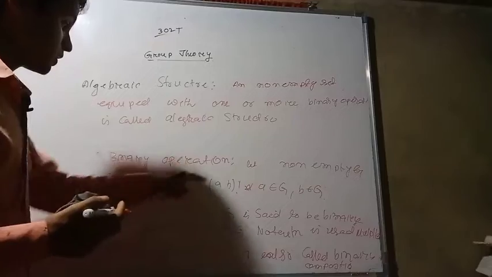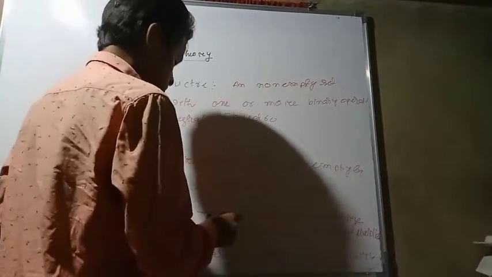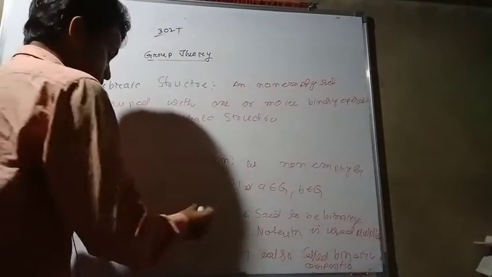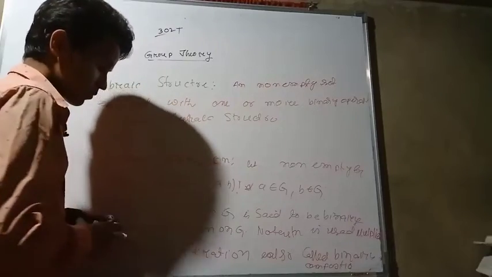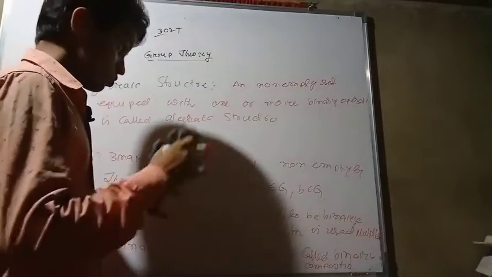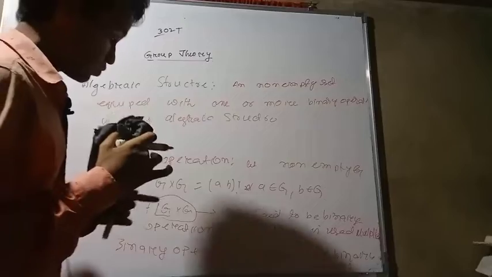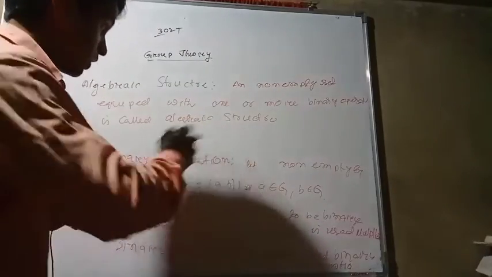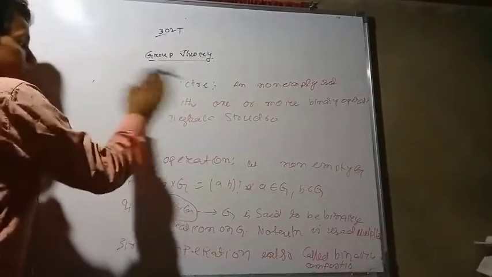So a non-empty set G, basically if we have a function whose image belongs to G cross G, then in order for the function operation to be a binary operation. Let us proceed further.